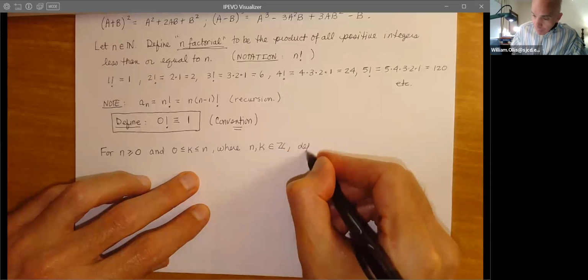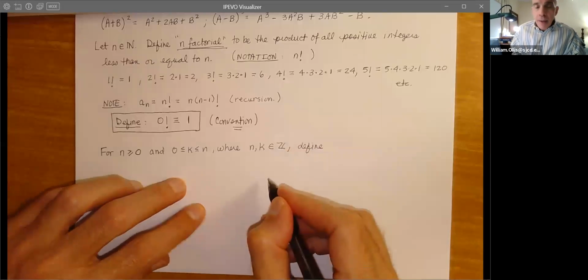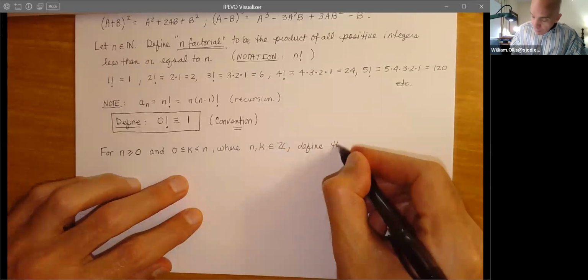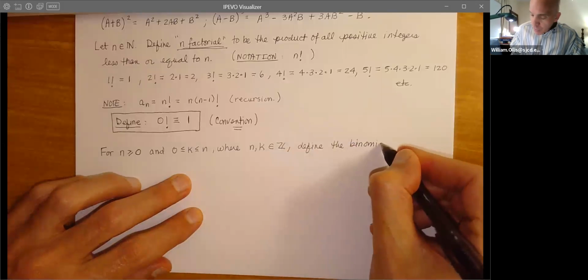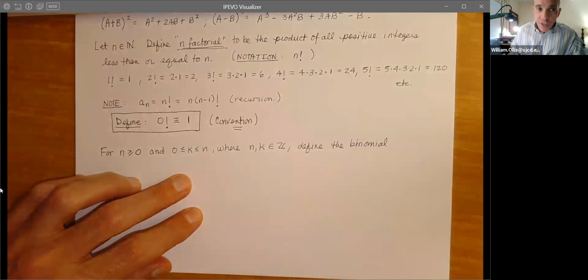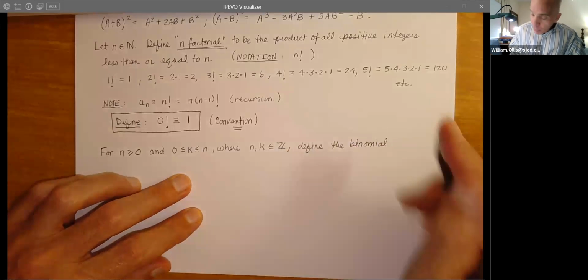We define the binomial coefficient. Now, of course, these objects were called the binomial coefficient because they turn up in the binomial theorem.